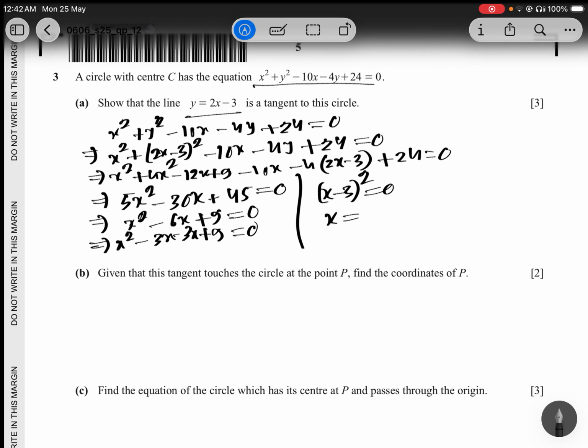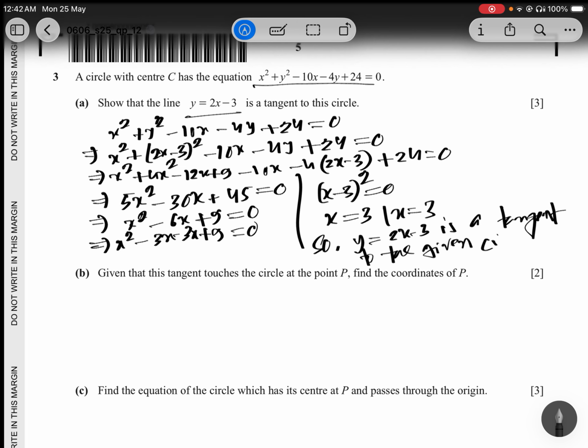So x value is 3. So y equals 2x minus 3 is a tangent to the given circle. Yeah, sorted.